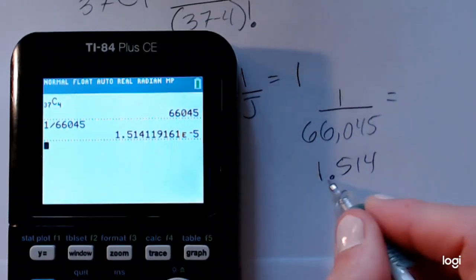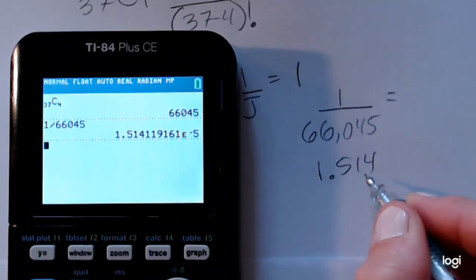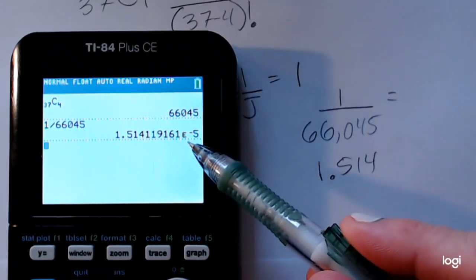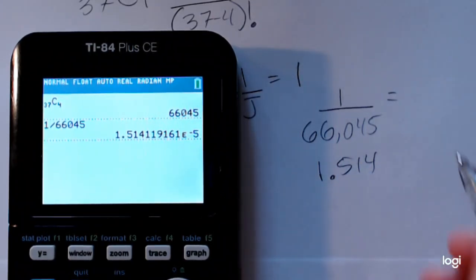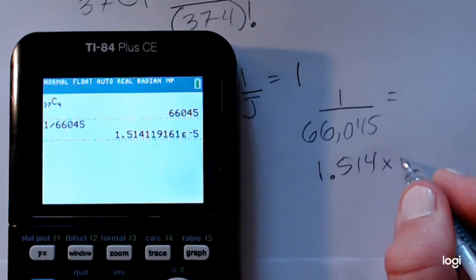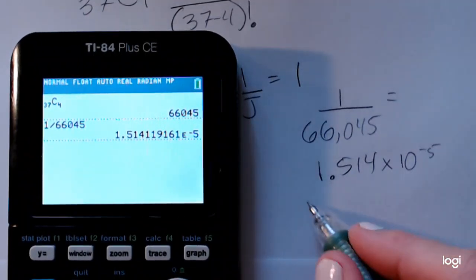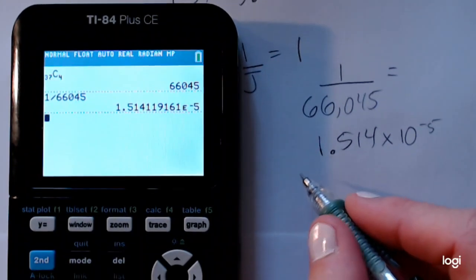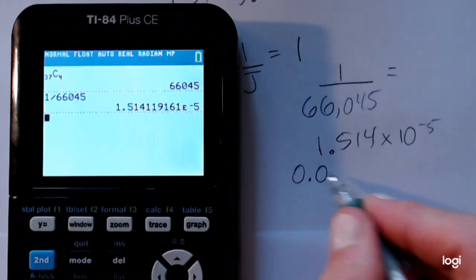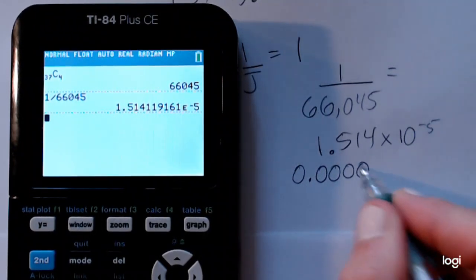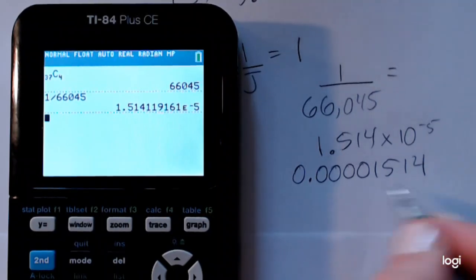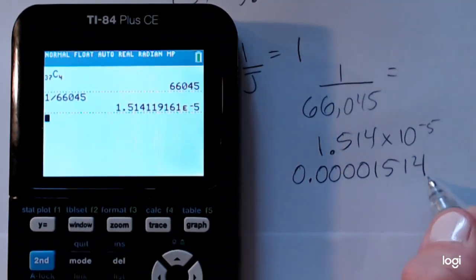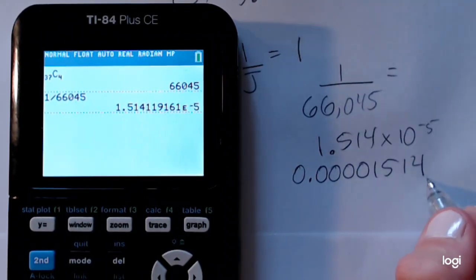Now, this by itself is not a valid probability. We need to keep in mind that we're multiplying by 10 to the negative 5th power. Or if you wanted it in non-scientific notation, you could put in 4 leading zeros and then out to 4 significant digits.